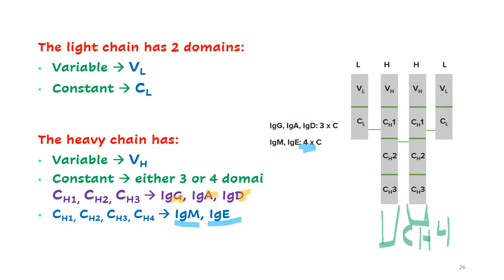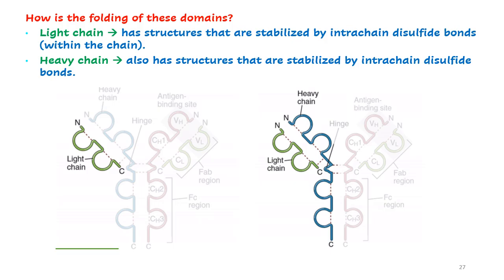That would be IgM or IgE. All right, so let's see what is happening here with the domains of your antibodies. When you look at your light chain, it is folded in a certain way, and that folding is called the immunoglobulin domain.